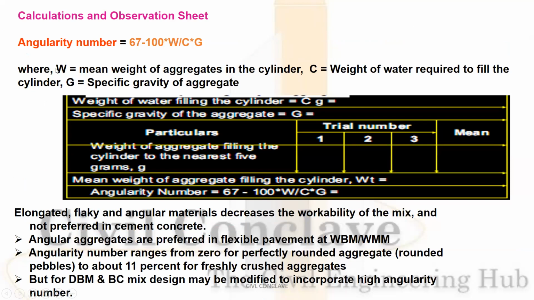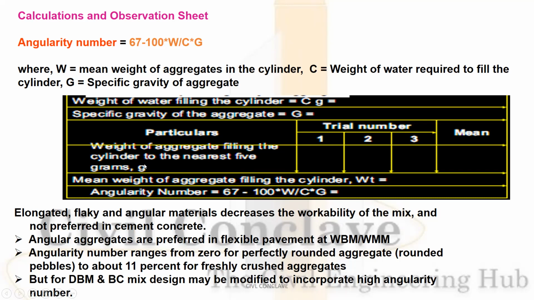Calculation: angularity number is equal to 67 minus 100 W divided by C into G, where W is the weight of the aggregate in the cylinder, C is the weight of water to fill the cylinder, and G is the specific gravity of the aggregate.